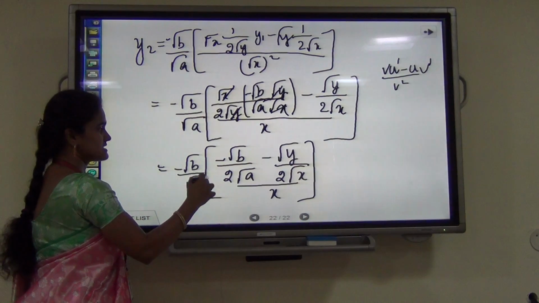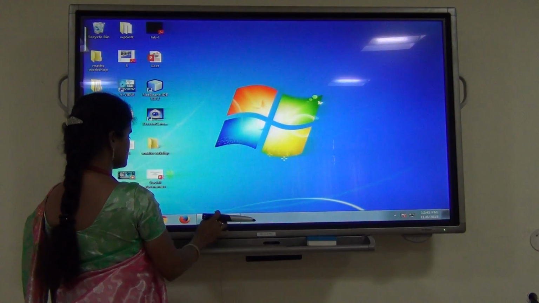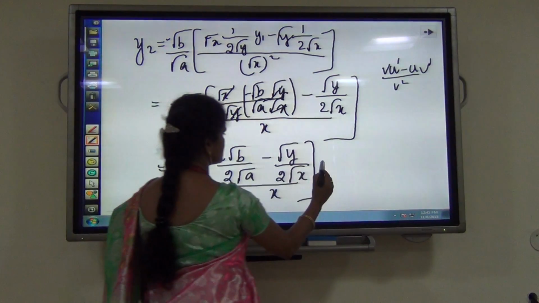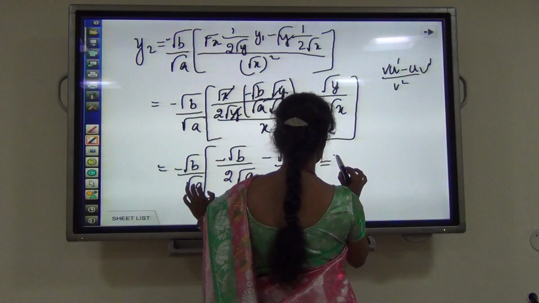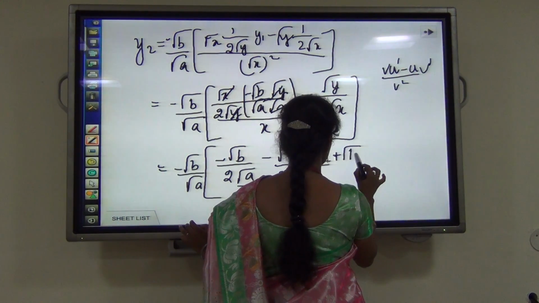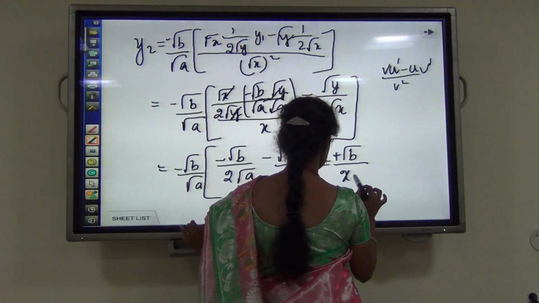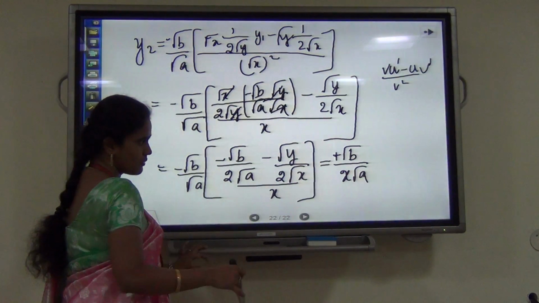Now let us take LCM, and this is minus. We can also take a negative sign out, so it becomes plus root b by x root a. I am just carrying this x here, it's all about the denominator.